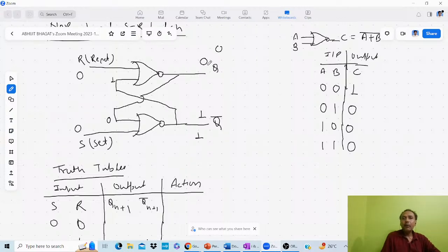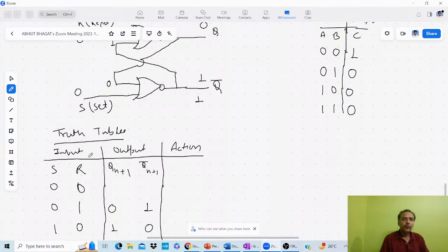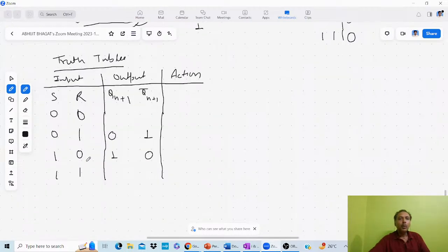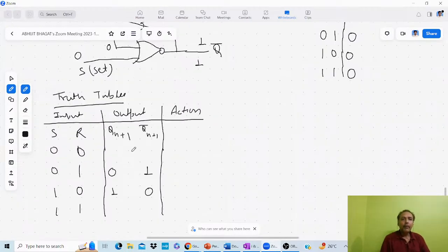Means if your previous output is 0 and 1, then when you supply the 0, 0 to the input side, you will get the same 0 and 1. Okay. Means for the 0, 0, your output is same as the previous output.